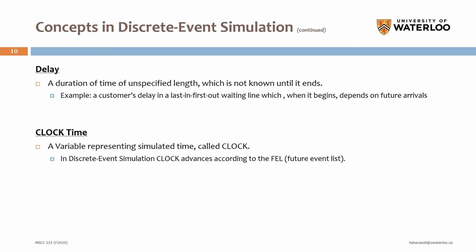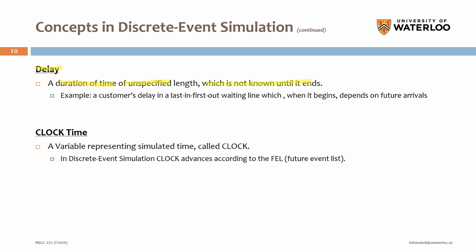So the next concept here is a delay. Delay, again, is a duration of time. But the difference between delay and activity is that the length of the delay is unspecified. So when it starts, we don't know when it's going to end, right?